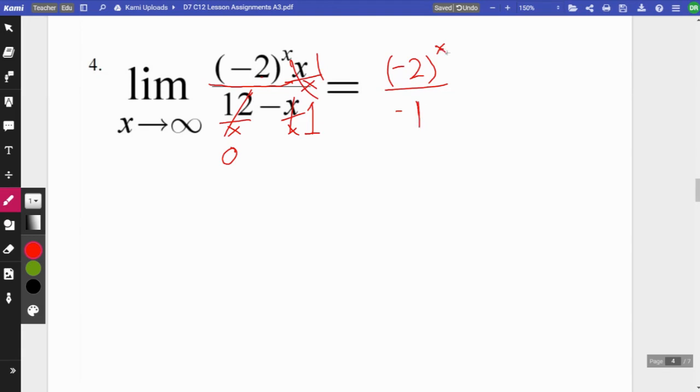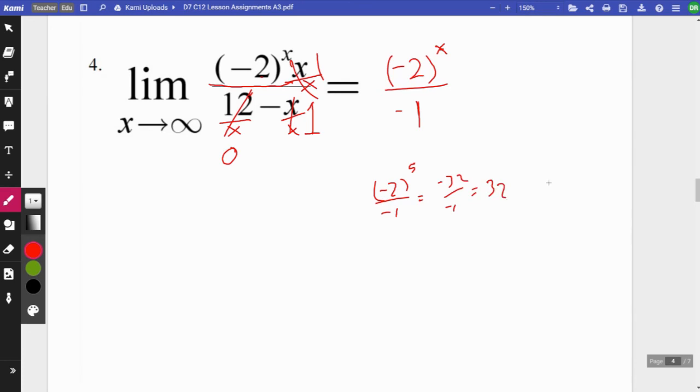And now we can look at what might happen if we started plugging in really large numbers for x. Well, first of all, as we talked about before, even if I plug in just a number, like let's say 5, like we did before, -2 to the 5th over -1. This is going to become -32 over -1, which is a positive 32.